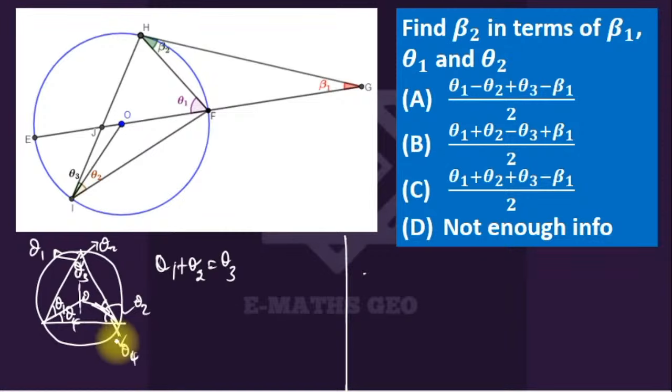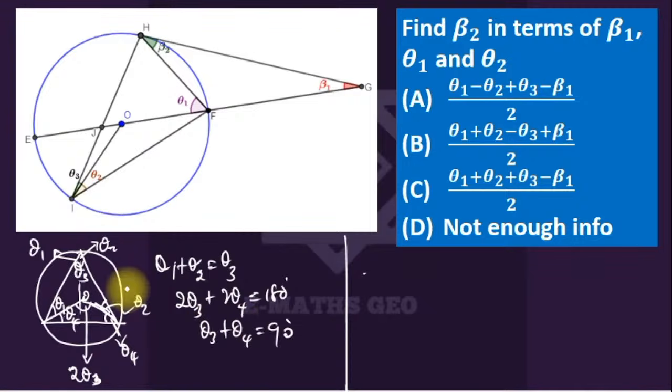Isosceles triangle. The central angle is 2 theta 3. You see it, 2 theta 3. So if I add 2 theta 3 and 2 theta 4, it will give us 180. So meaning theta 3 plus theta 4 is 90. So whenever you add this angle and this, it gives us 90. So let's now apply the same thing here.